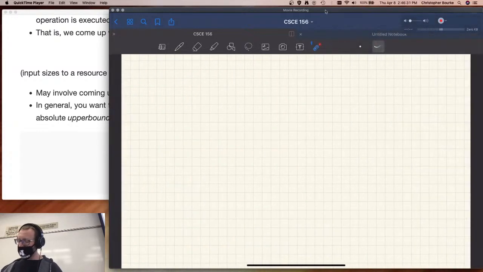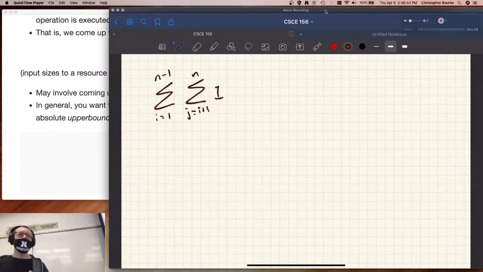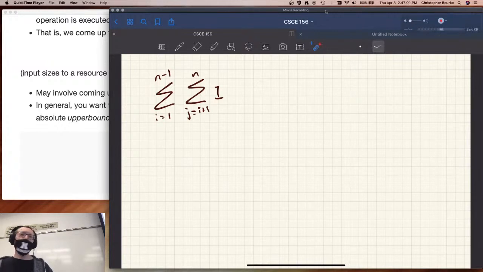So, let me rewrite that summation. It's 1, j starting at i plus 1 up to n, and i starting at 1 up to n minus 1. You don't have to write the parentheses; they are implicit when you're doing summations. You work inside to out when you're solving summations. So we're going to focus on this inner summation here first. How many ones are there?